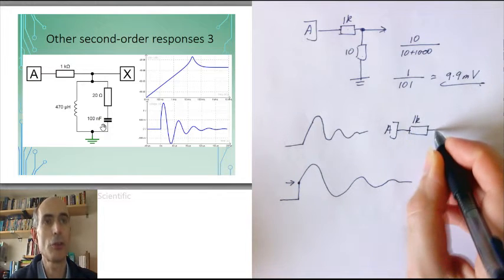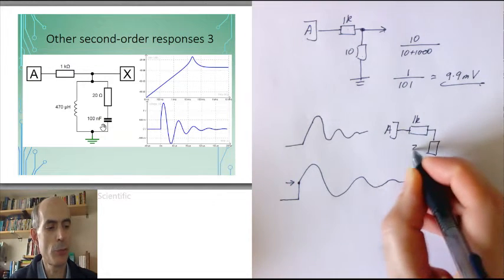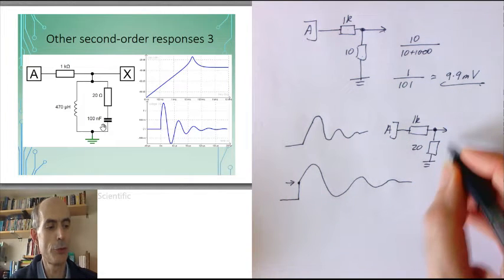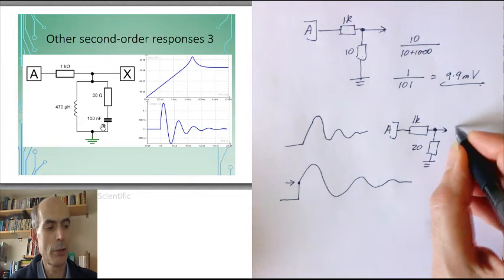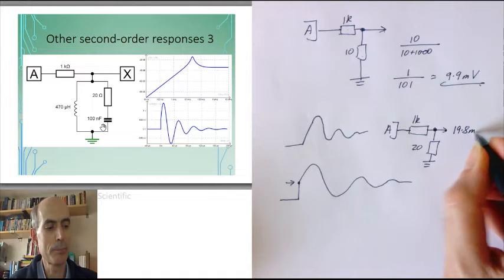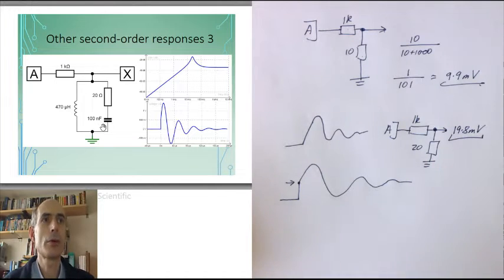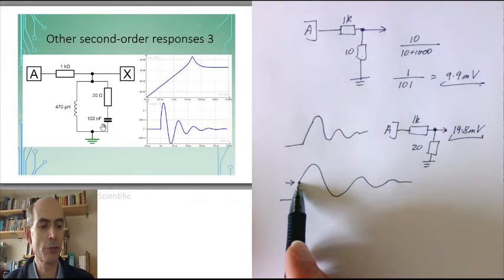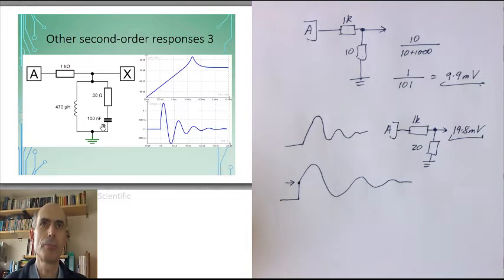A 1K resistor with a 20 ohm resistor down to ground. And that's going to produce an output of about 19.8 millivolts. So our initial step, just after the step arrives, would be to jump up to around 19.8 millivolts.